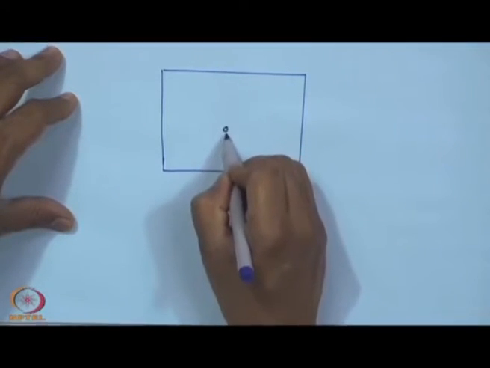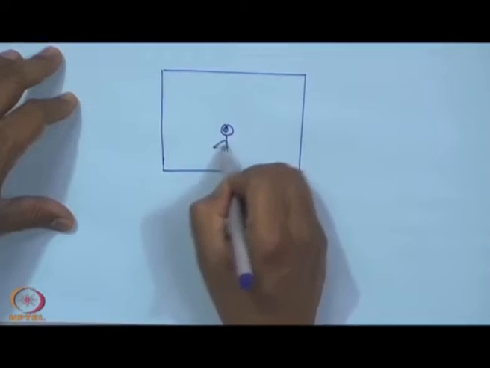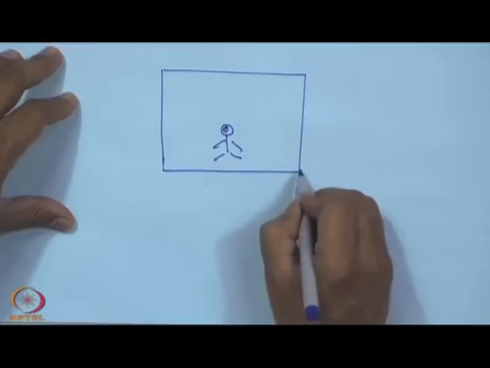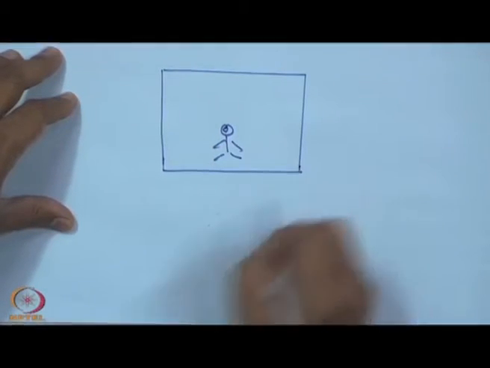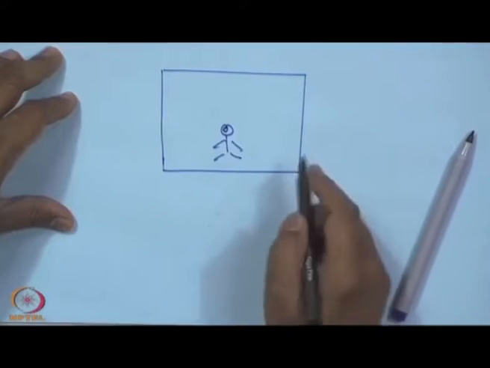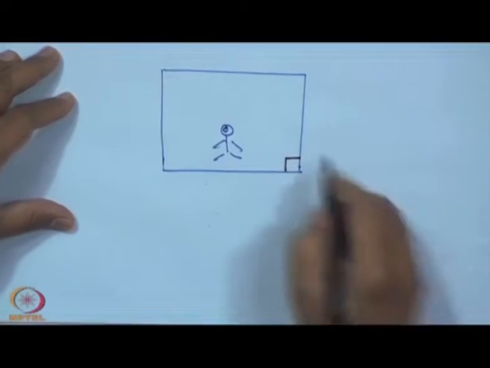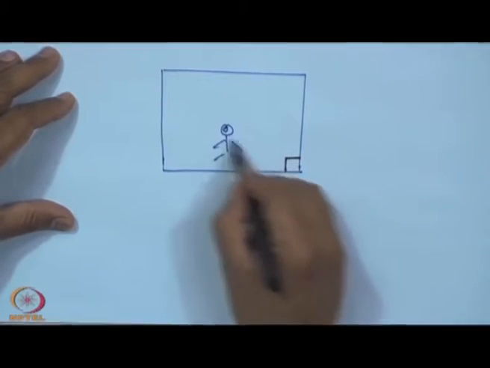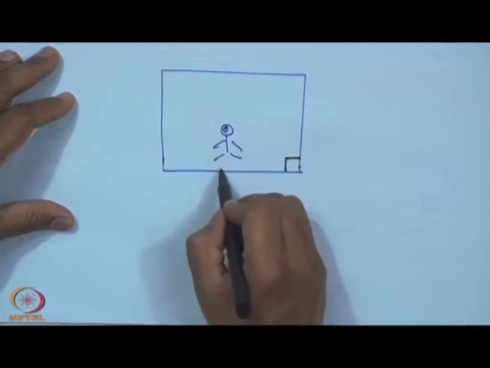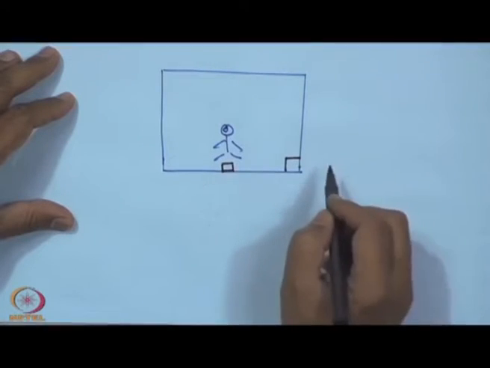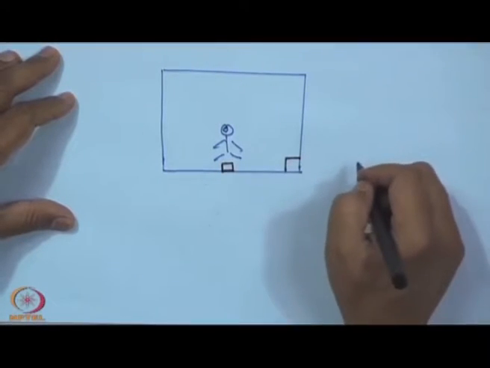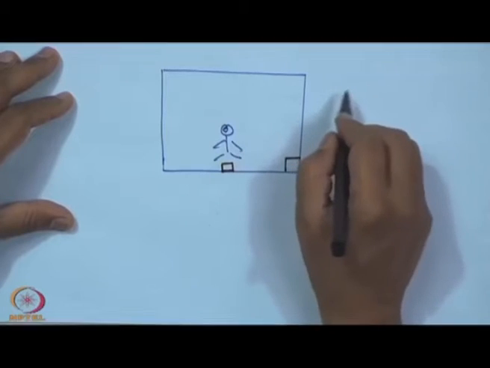Suppose you are standing here and I move your loudspeaker to this location. Here the directivity will increase and you will hear it to be louder than if I put it in the middle of the room, because of the directivity issues. This is just to explain.